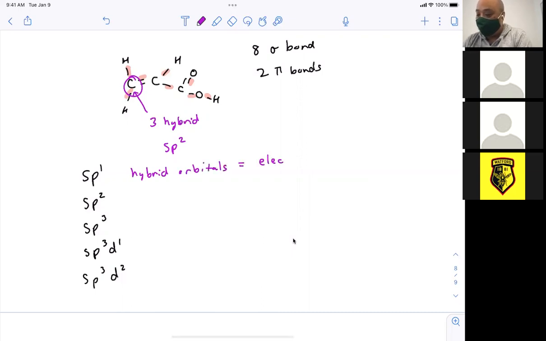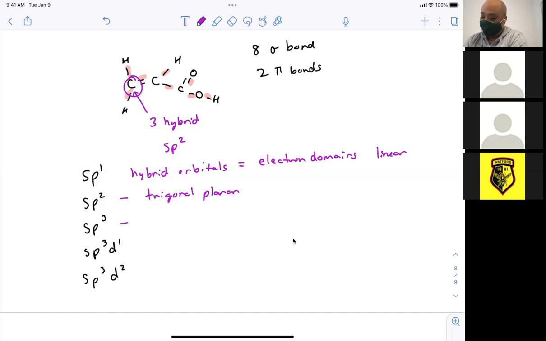Hybrid orbitals is the same as electron domains. So the hybridization of an atom is the same as its shape. It's the same as its electronic geometry. So if you have 2 hybrid orbitals, that's 2 electron domains, that's linear. If it's sp2, that's 3 electron domains, that's trigonal planar.